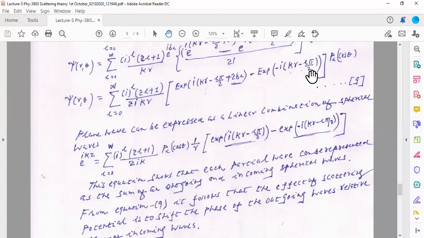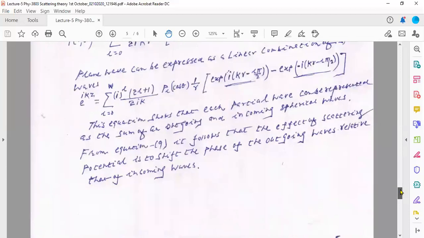Now you compare our equation 9 with this equation. From equation 9, it follows that the effect of scattering potential is to shift the phase of the outgoing waves relative to the incoming waves.